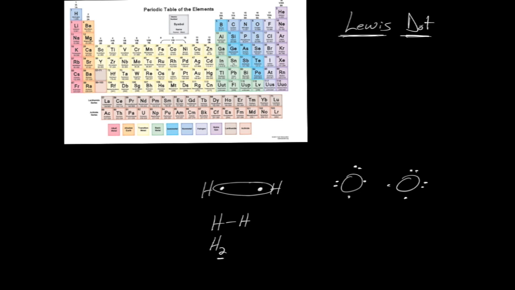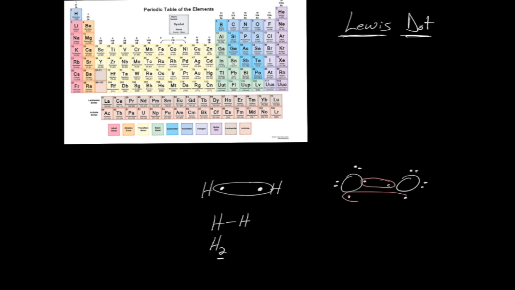Well, how many bonds do we need? I need to share enough to get 8 in both. Well, this would give each of them an extra one, so that's 7 electrons. We need another bond.